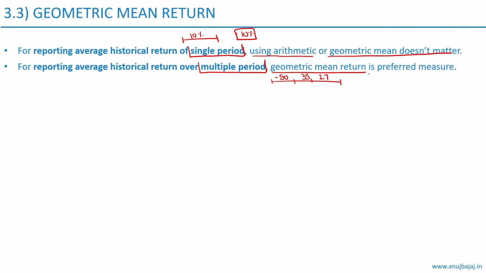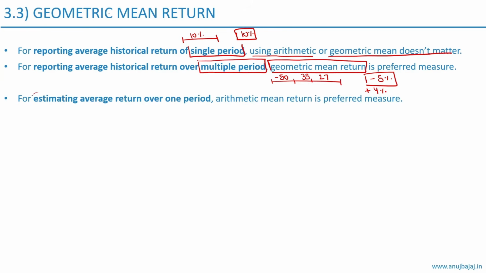If we want to report the average return that we have earned during this 3-year holding period, then using geometric mean return, we got negative 5% as our answer. And using arithmetic mean, we got 4% as our answer. And we found out that geometric mean return provided a more accurate picture. Hence, when reporting average historical return over multiple periods, geometric mean return should be used.